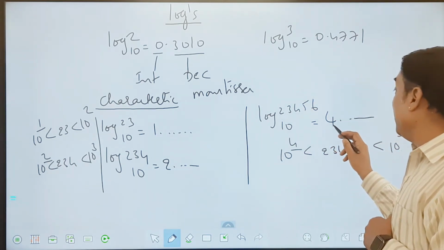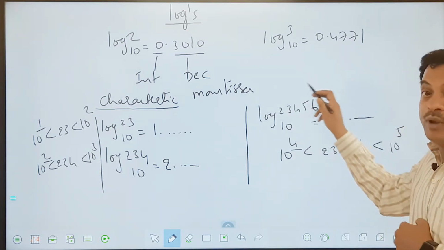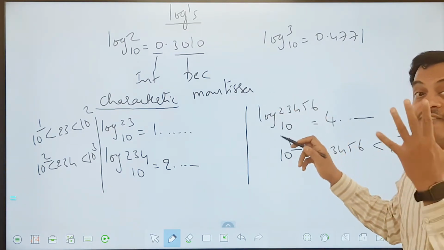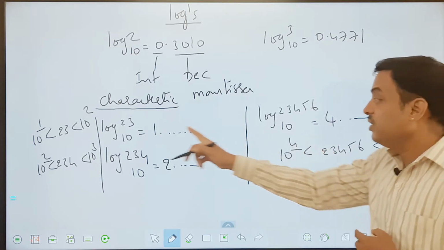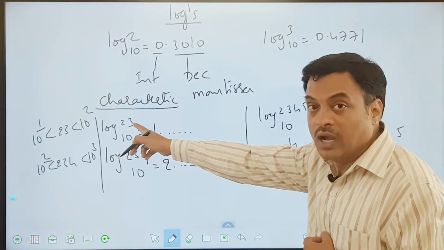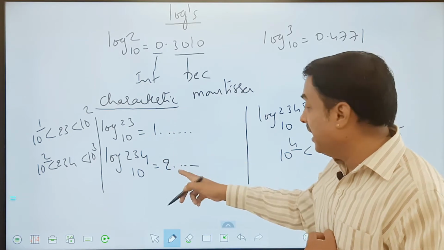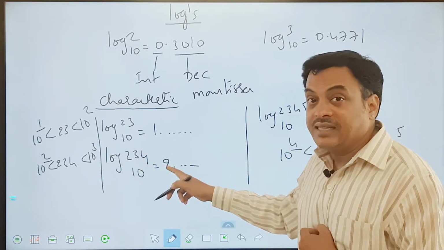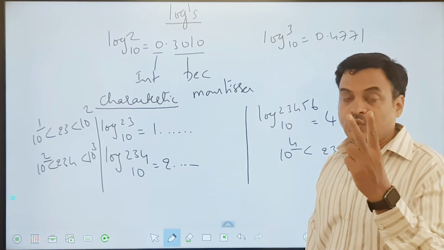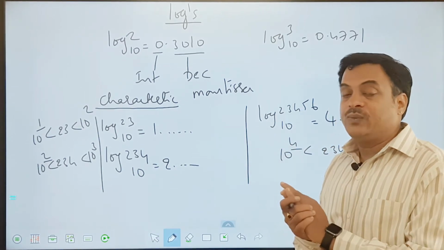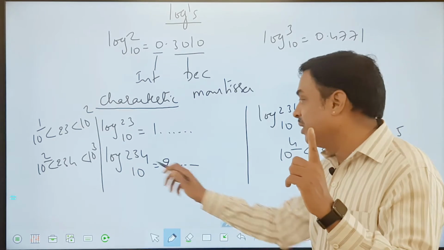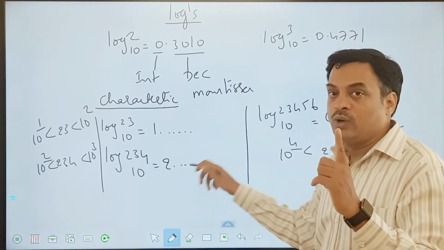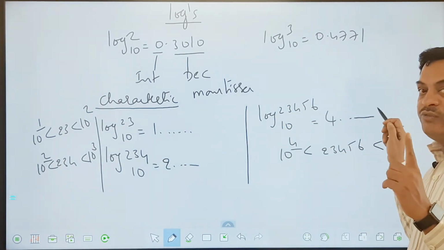The characteristic value will be 1 short of the number of digits. How many digits do we have here? 5, and the characteristic is 1 short, so 4. Here 2 digits, characteristic 1. Here 3 digits, characteristic 2. So the characteristic value is going to be 1 short of the number of digits.